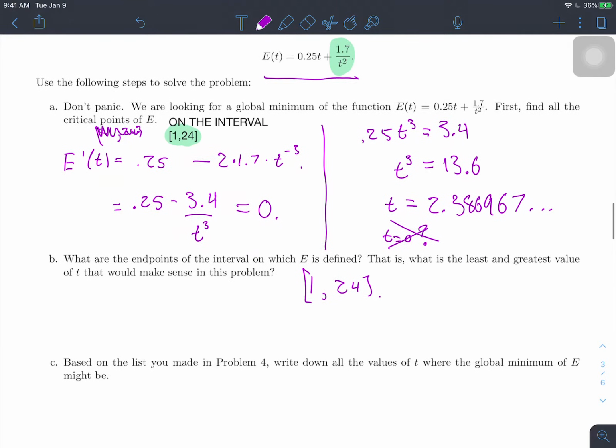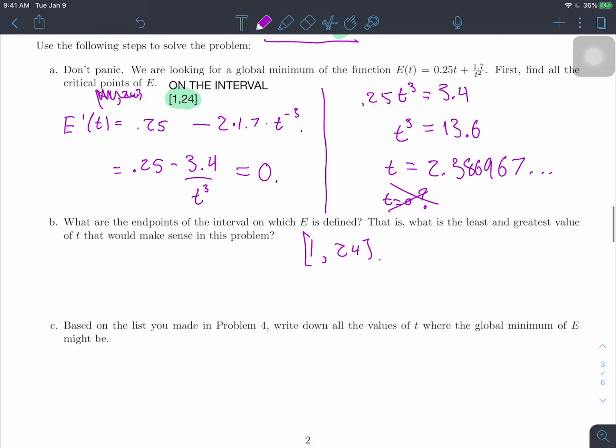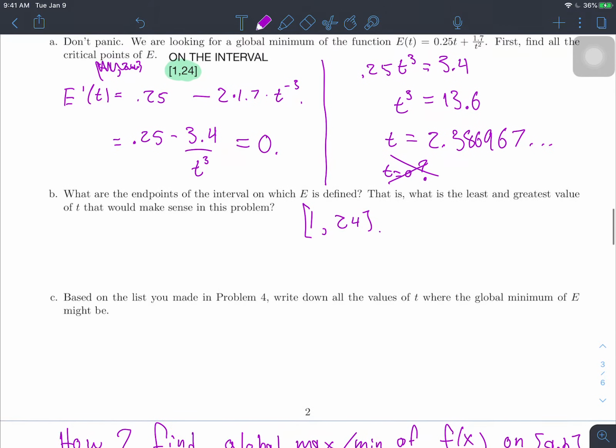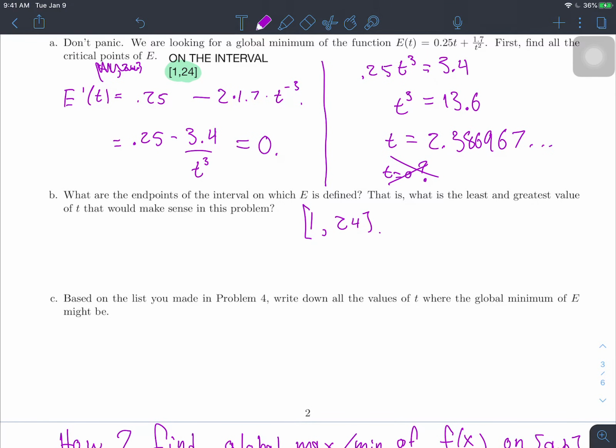Now what we're going to do is write down all the values of t where the global minimum of E might be. Our table is going to look something like this. We'll put E on the right-hand side, and T on the left-hand side.